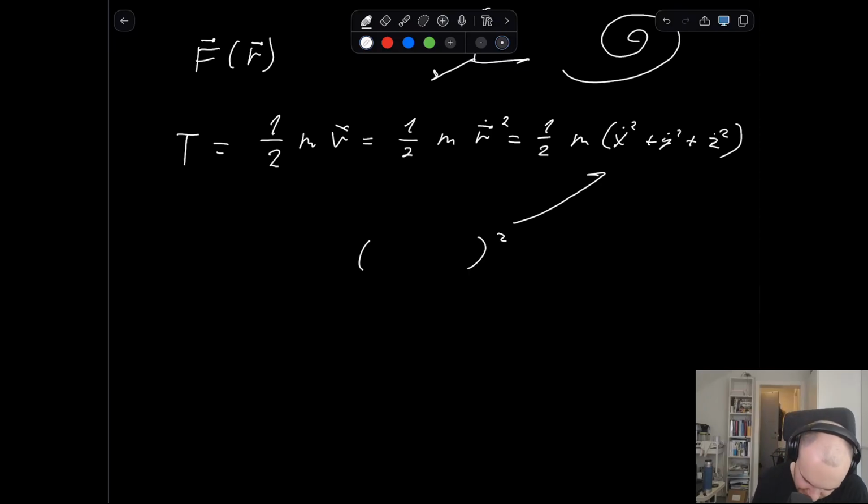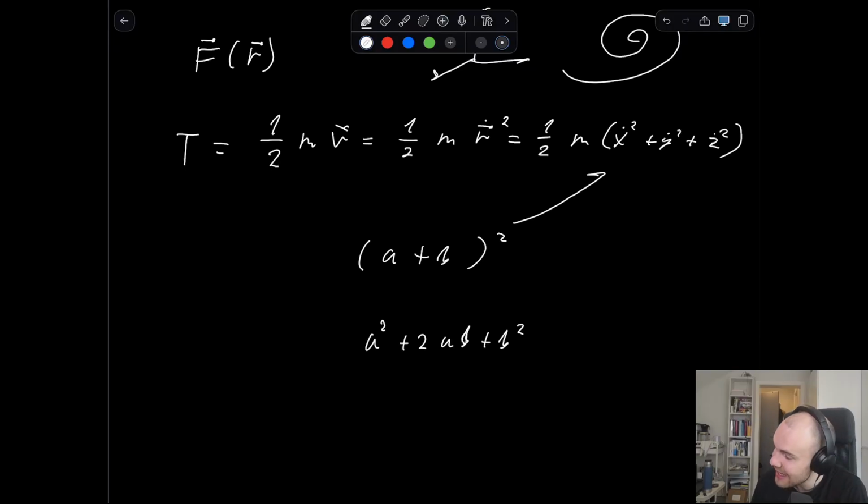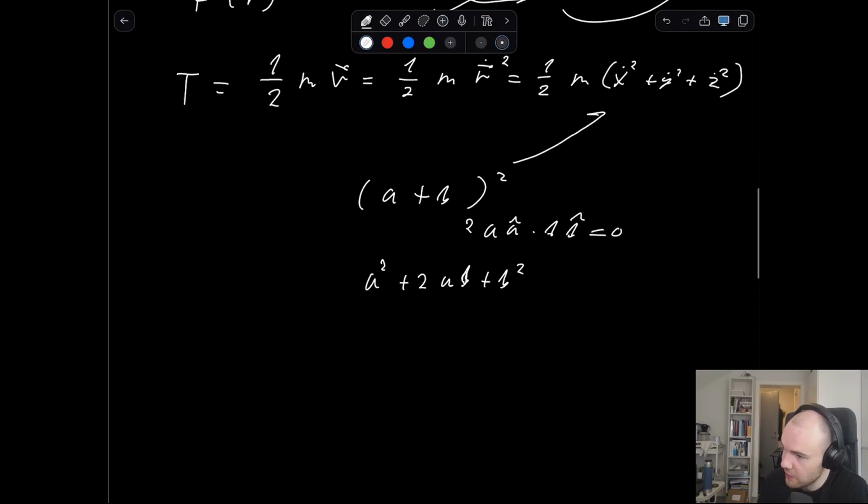If you had a plus b, all squared, you would have a squared, 2ab, and b squared. Since a and b are perpendicular components, a hat times b hat equals 0, so the cross term cancels. That's why we get just x squared, y squared, z squared, and not the whole parentheses squared.